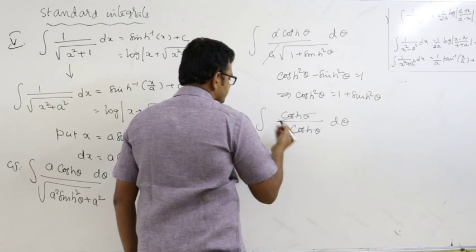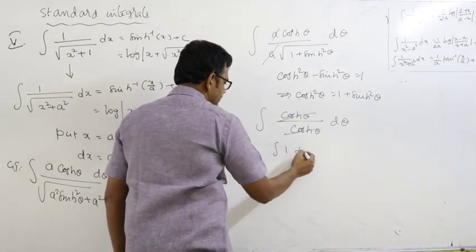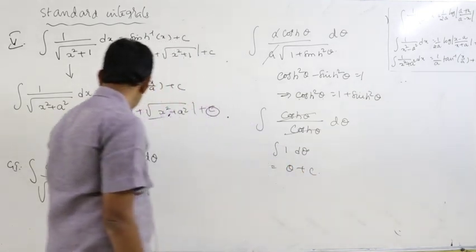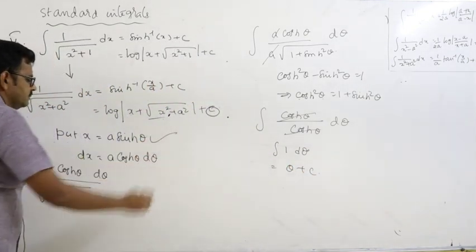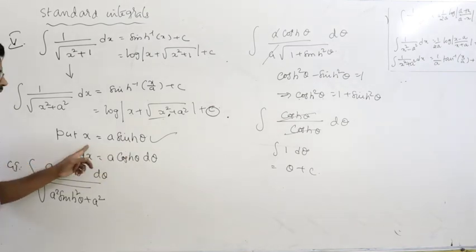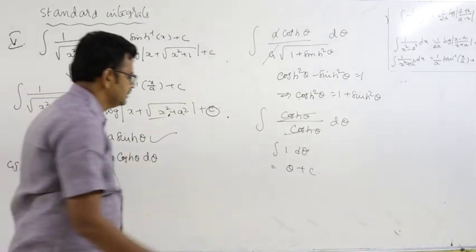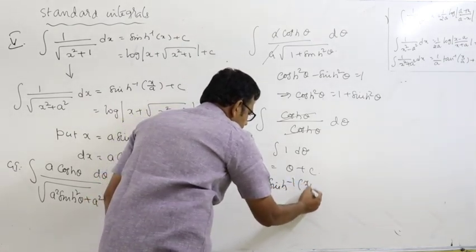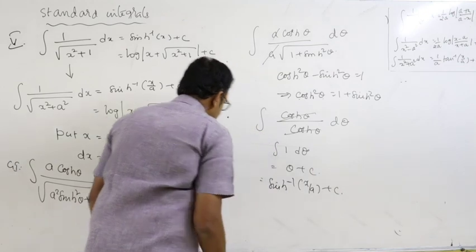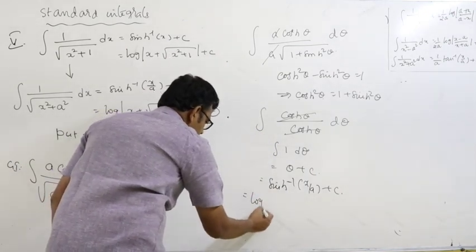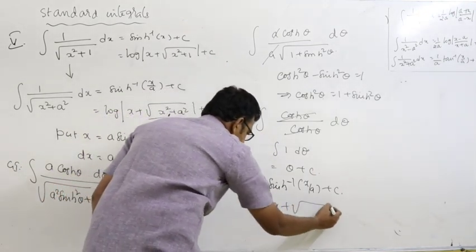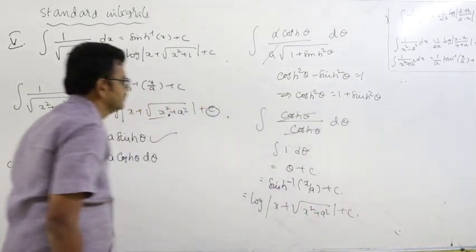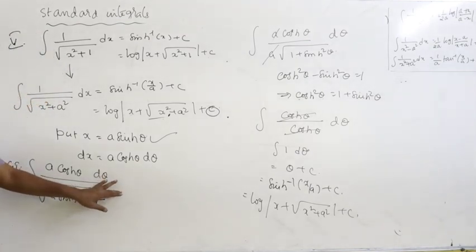So, integral of 1 d theta, integral of 1 is theta plus c, where sin h theta equal to x by a, theta is equal to sin h inverse x by a plus c, or in terms of log of mod of x plus root of x square plus a square plus c. So, okay, write down.